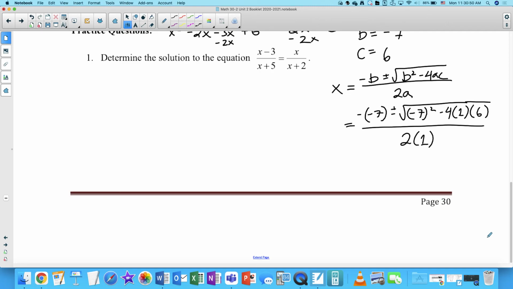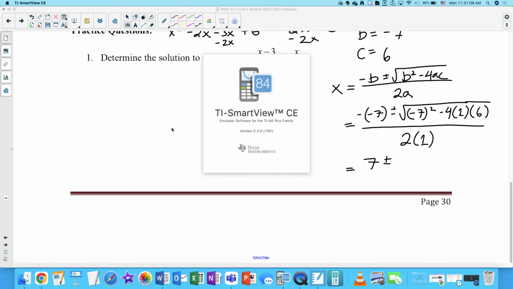Negative 7 squared. Why do I keep closing my calculator? Minus 4 times 1 times 6. Let's see. And you want to enter it in exactly as you see it, right? So the negative 7 needs to be in brackets.